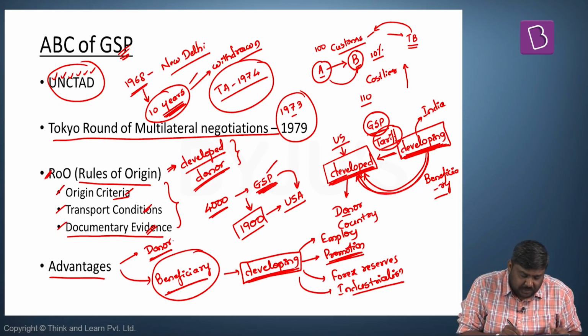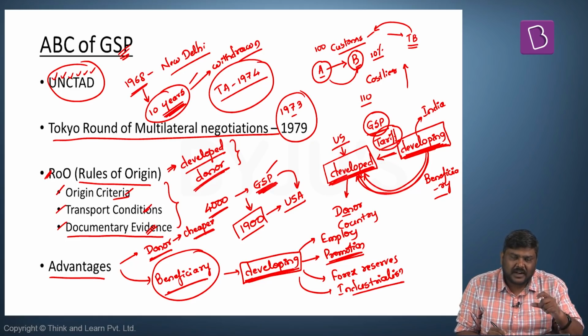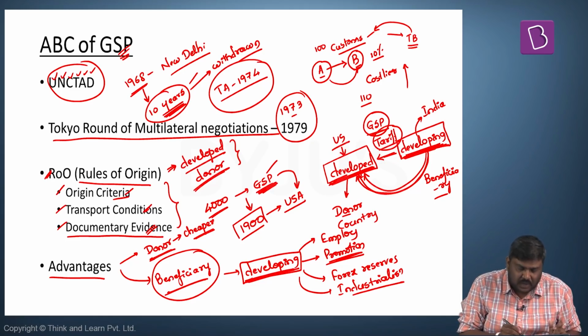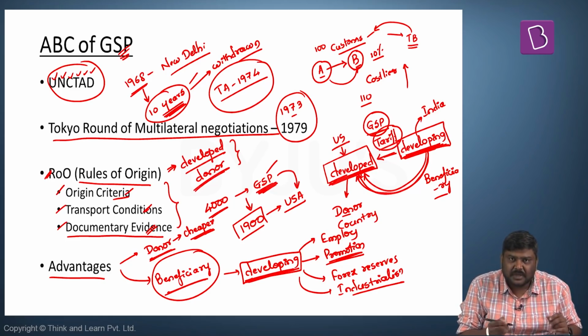One of the very important benefits will be cheaper imports or cost effective imports. Since these are coming from developing countries, it is expected that when they land into the donor country, and since there is no tariff imposition, these will be cheaper for the domestic manufacturer of a donor country.